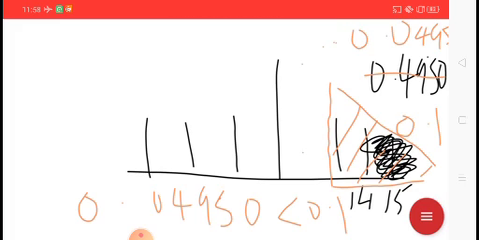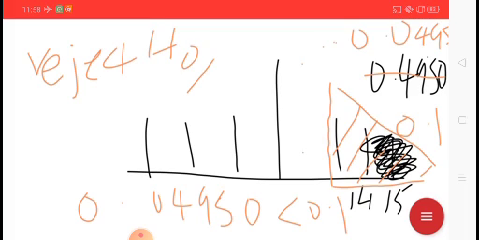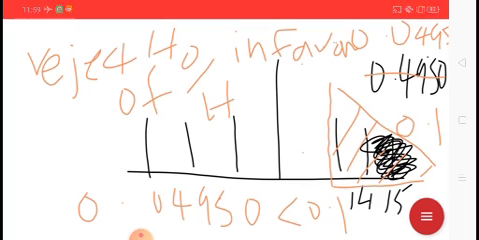Being inside the critical region means reject H0. You see the rule is the same. Inside the critical region, you reject H0 in favor of H1.